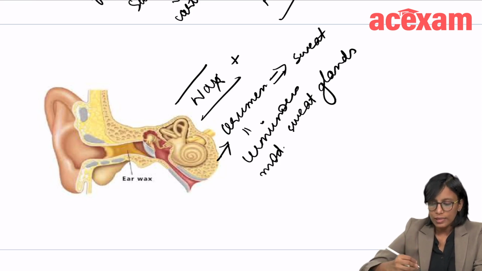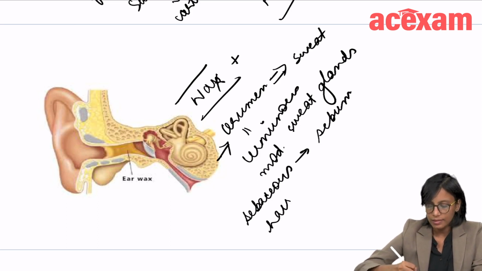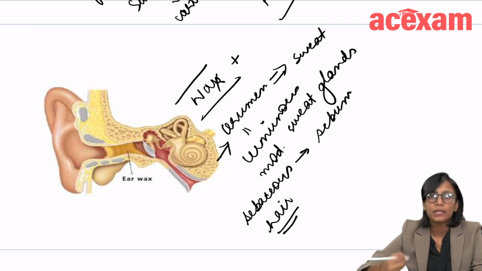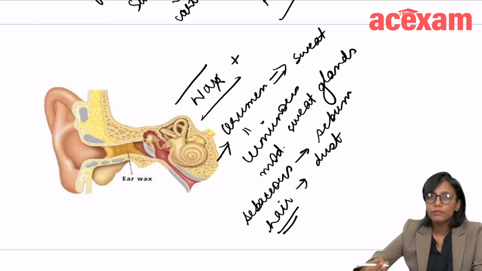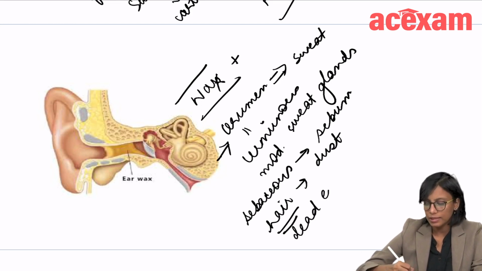So what else is there? There are sebaceous glands. Their secretion is sebum. What else is there? There is hair in the external auditory canal. They trap the dust and they trap the bacteria. So the trapped dust is there. What else? There is skin which is lining the external auditory canal, so there are dead epithelial cells.